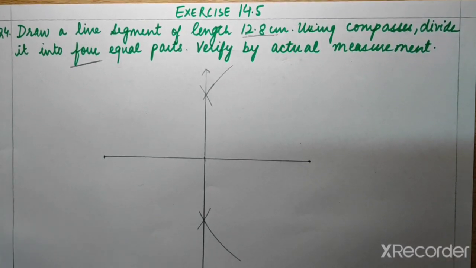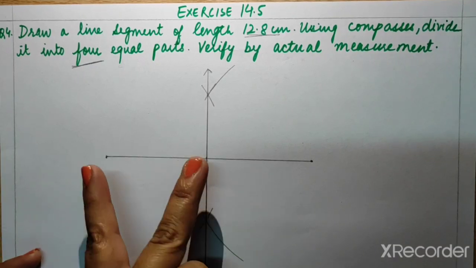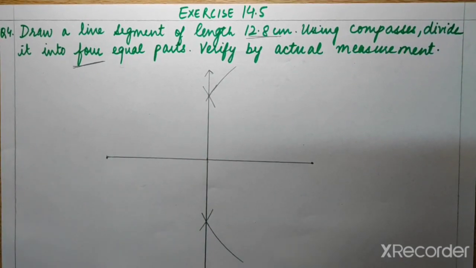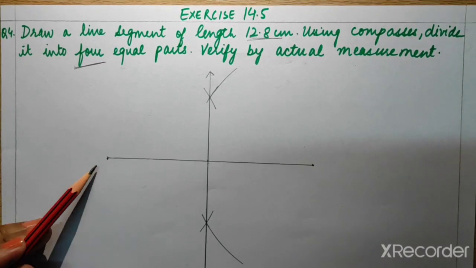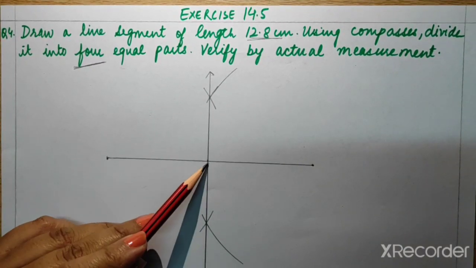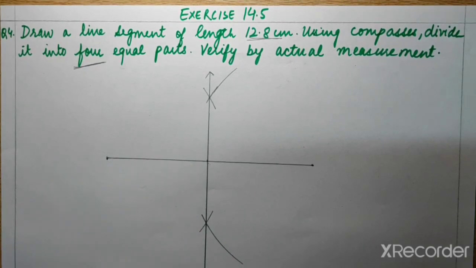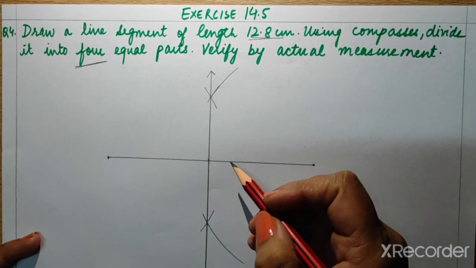Now to divide it into 4 equal parts, what we need to do? Now we are going to divide this first half into 2 equal parts. The 2 endpoints of this line segment are, this is the starting point and this is the ending point of the first half. So we are going to draw the arcs from these 2 points only, right?